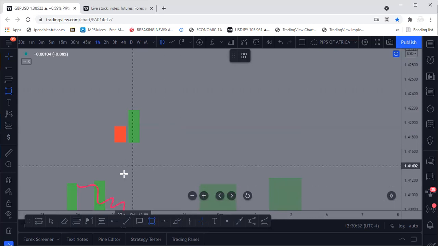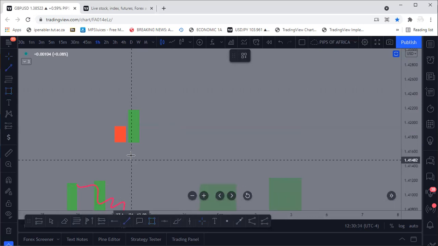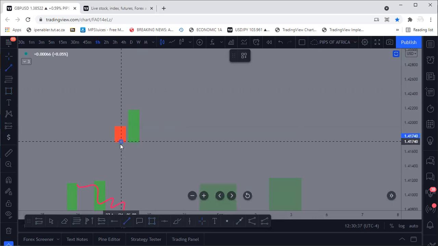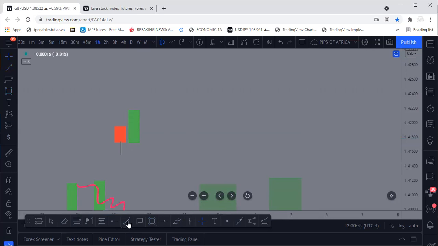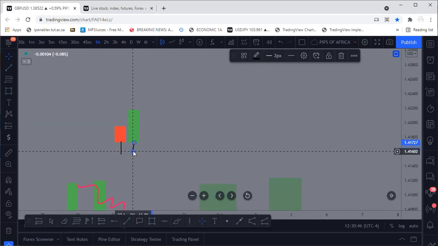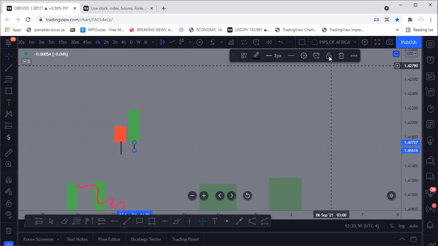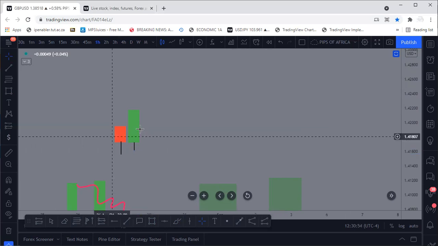So you see here, you will be seeing the wicks here. This is the order block. The wick here. So we already know that the order block is valid. We have tested it.